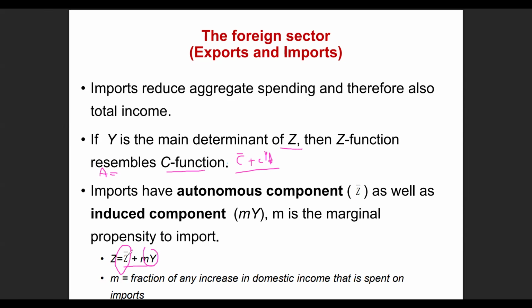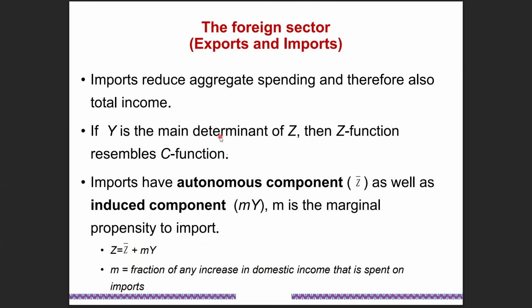The autonomous part is Z bar, plus M, the marginal propensity to import, times Y. So in this slide, just one thing you had to pick up is that the main determinant of import is income, because for you to buy things from outside, you have to have a certain amount of money, right? And also that the Z function, the import function, resembles the C function, right?